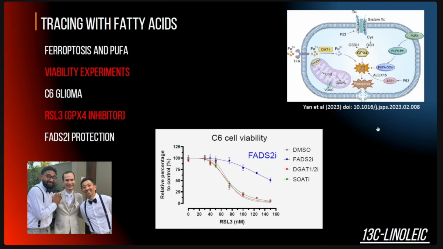The results they found using these inhibitors, and it's very well documented in the literature also, is that fatty acid desaturase 2 really played a role by not letting the cells die, like the control with the MSO and the other inhibitors. I'm not going to talk about them, but they didn't even scratch the surface in terms of effect.